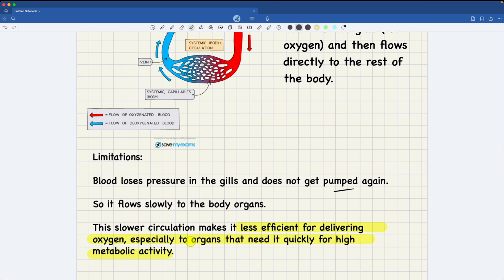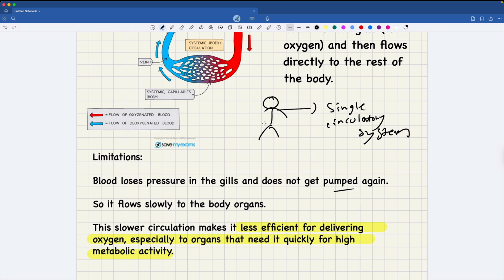For example, if a human, this is our guy, had a single circulatory system, the blood most probably wouldn't even reach the whole body because of the low pressure.